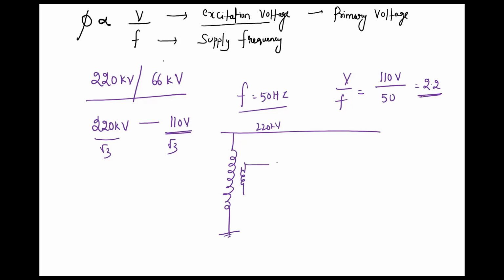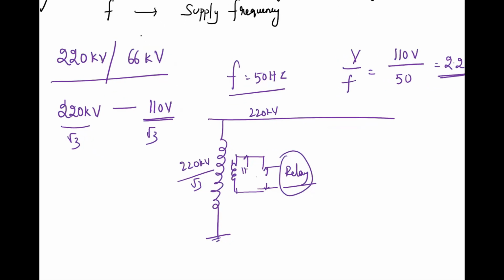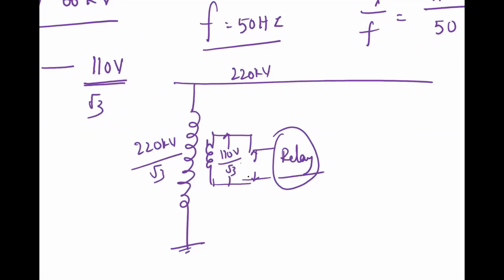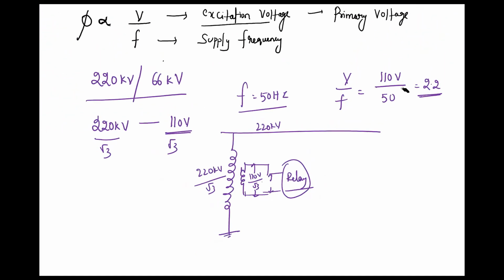Here you have connected a secondary to an overflux relay, which divides the voltage coming here by the frequency. If the primary voltage is 220 kV divided by root 3, my secondary voltage is 110 volt divided by root 3. I am taking line to line voltage, so 110 divided by 50 is 2.2.